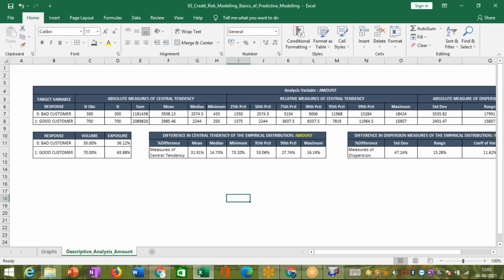that the variable amount is very useful.